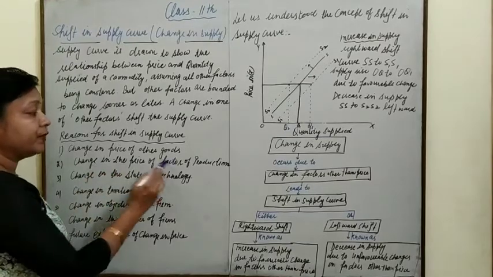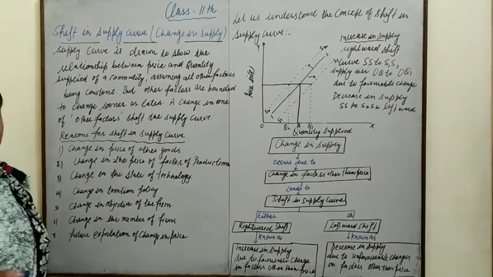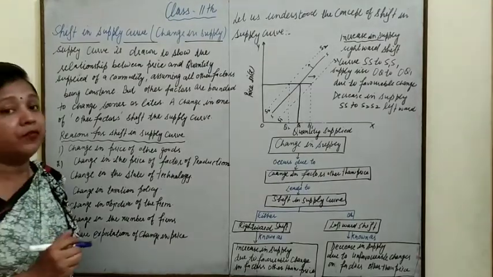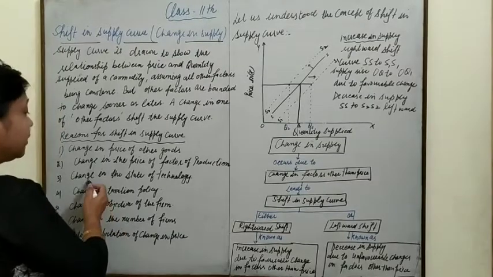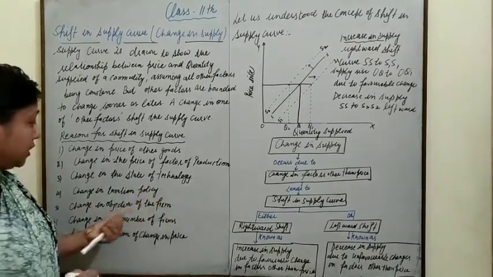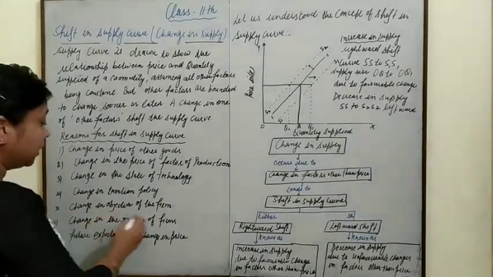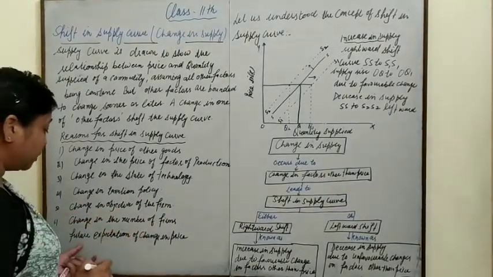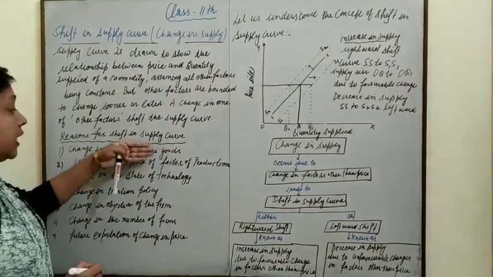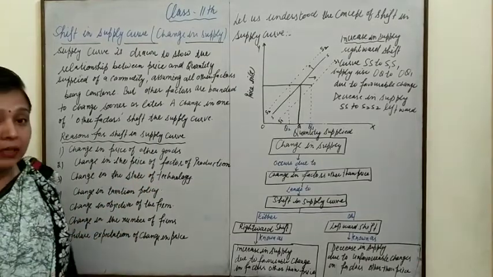Change in the price of factors of production, which may increase or decrease, will affect the supply. Change in technology, change in taxation policy, change in the objectives of the firm, change in the number of firms, and future expectation of change in price. These are the other factors which affect the supply.